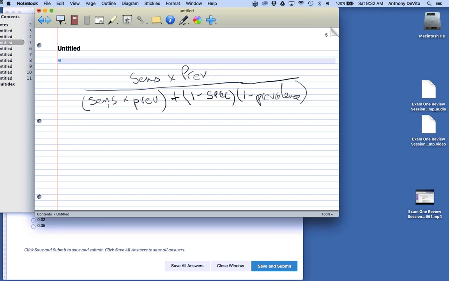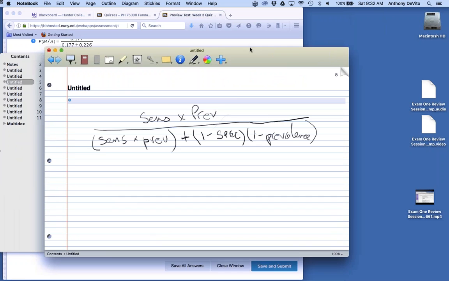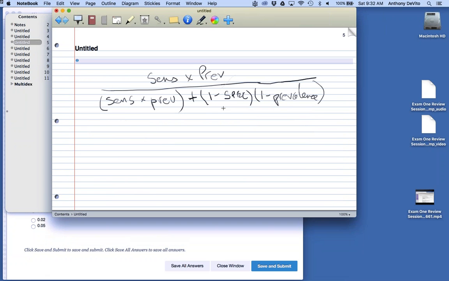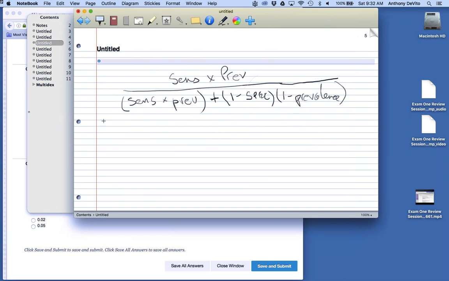Down here, the sensitivity times the prevalence is the number of people that tested positive and have the disease, as a proportion. And this over here is the number of people that tested positive that don't have the disease, in other words, the false positives. So this is the total correct positives over the total correct positives plus the wrong positives. In other words, just exactly what we did here with our table, except we're doing it with proportions instead of directly using sensitivity and prevalence. Okay, so that's our positive predictive value.